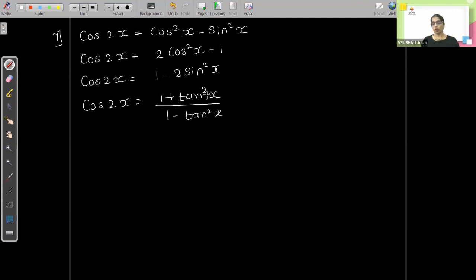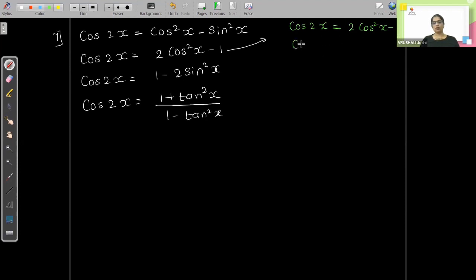From here, actually, you can derive couple of formulas. Kaise? So let us take this. This is equal to cos 2x. See, you have cos 2x is equal to 2 cos square x minus 1. Now can we find out?